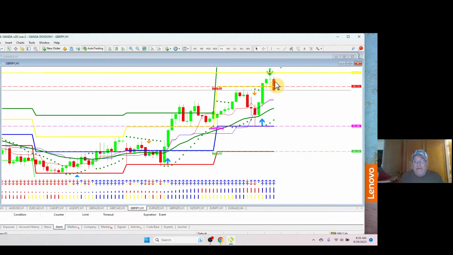And since on the pound yen, yeah, it's coming down on that 1 hour candle.